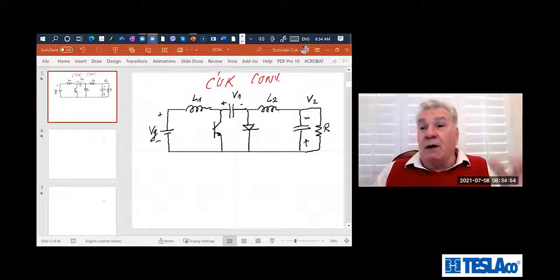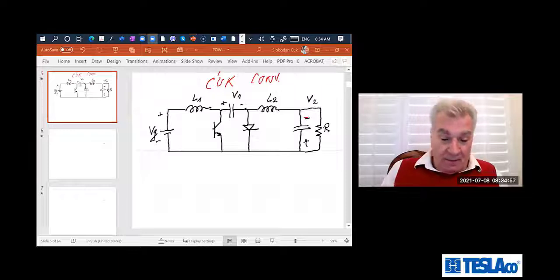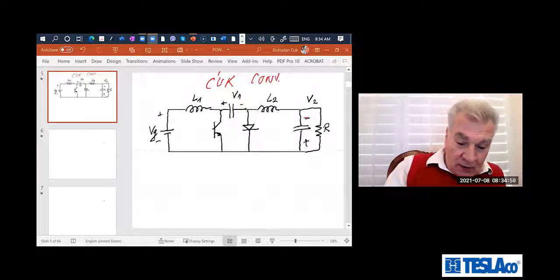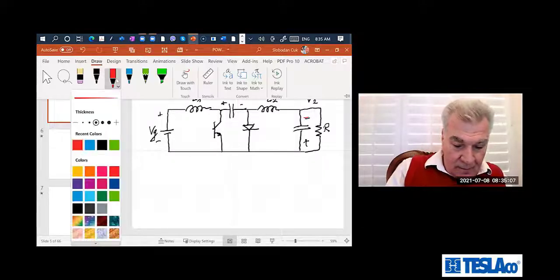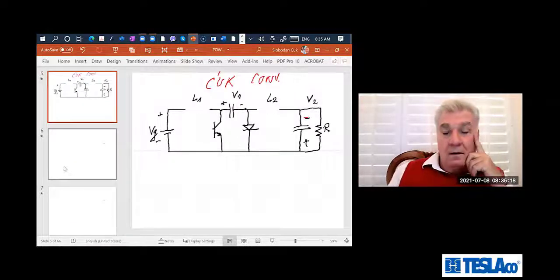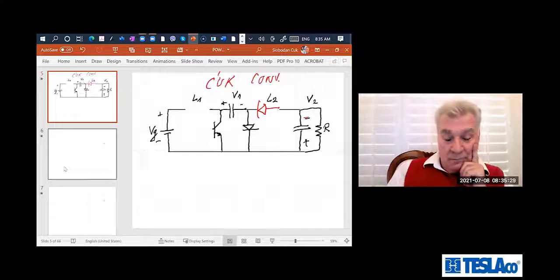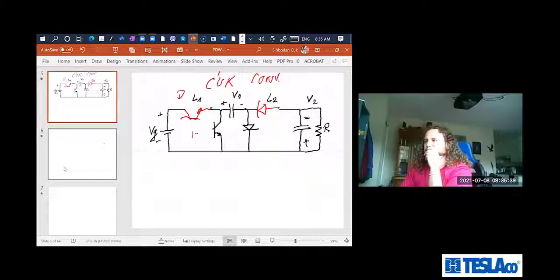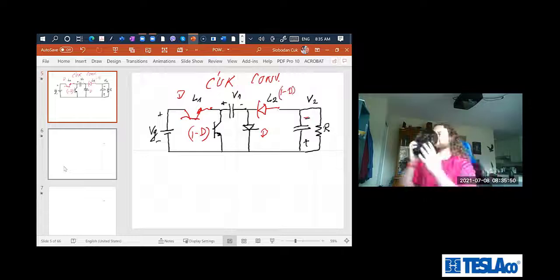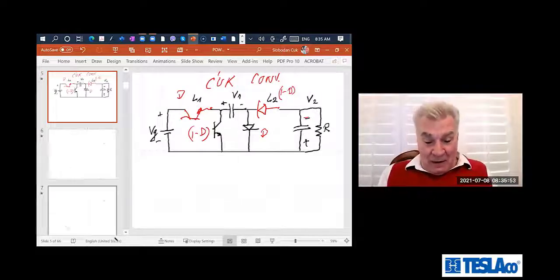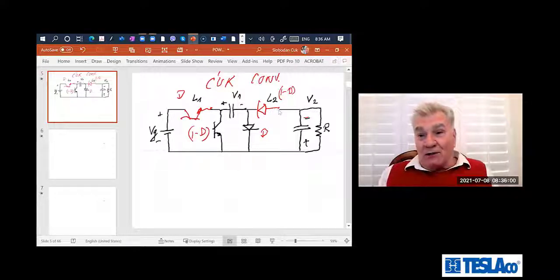We still kept just one inductor. Now I'm going to do one thing for you, and voila. Now I have a converter which has no inductances, no energy storage, capacitor charging, capacitor discharging.